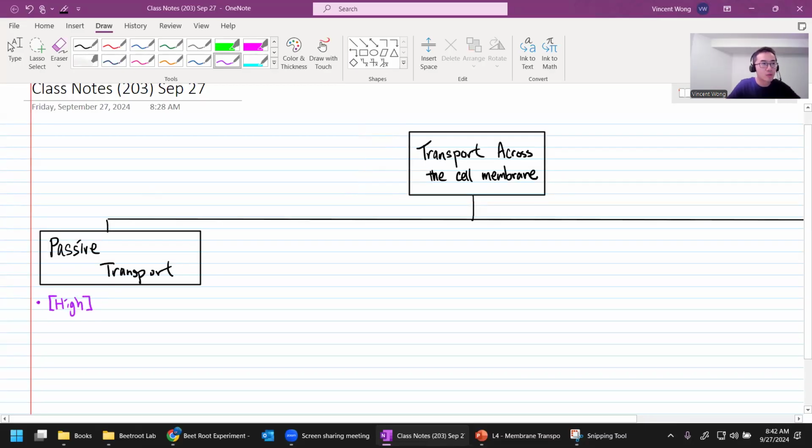Square bracket means concentration, right? We talked about that last time. Going from high concentration to low concentration. Okay, so substances are moving down the concentration gradient.